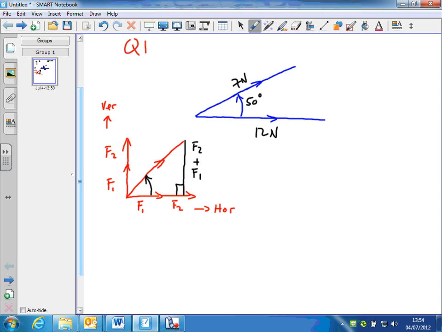So that's the basic idea, and you can have a go at it for yourself. Find the vertical and horizontal components of these two forces, the 12 Newton and the 7 Newton force. So I'll have a go at it now underneath.